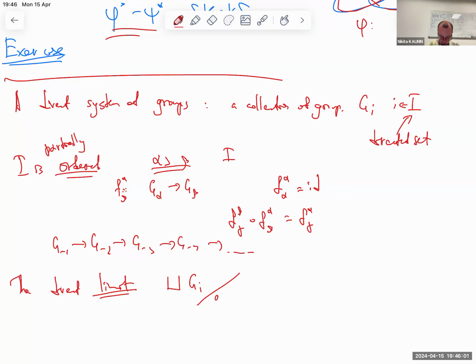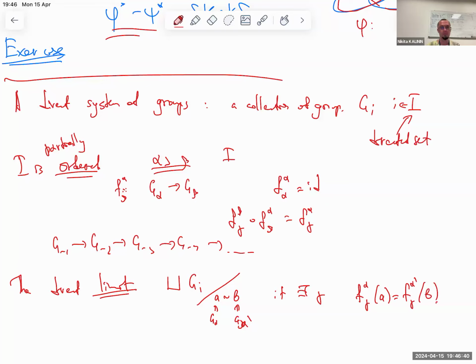So a is equivalent to b if there exists a certain gamma such that a is from G alpha, b is from G alpha prime, and f alpha gamma of a equals f alpha prime gamma of b.